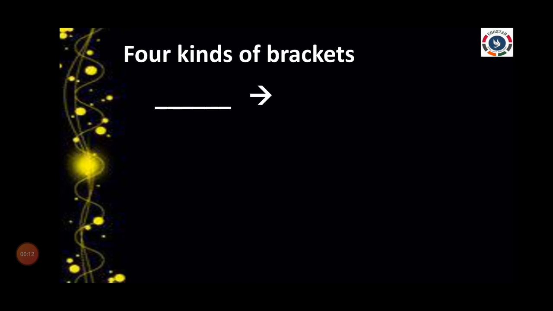First one, this is the line bracket. What is that? Line. A dash-like structure, no? That is the line bracket. The line bracket we can call vinculum. Vinculum, which is drawn above the numbers grouped under it.